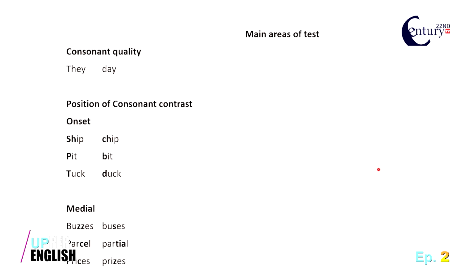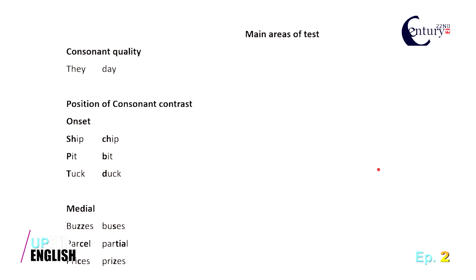Then we speak about parcel and partial. So parcel, the s sound, again the middle, and we have partial. Sh. See the sh sound. So partial, leave out the l; that will be the final sound. We are talking about the middle sound actually.